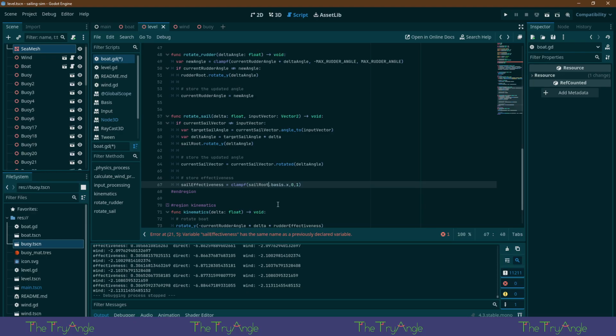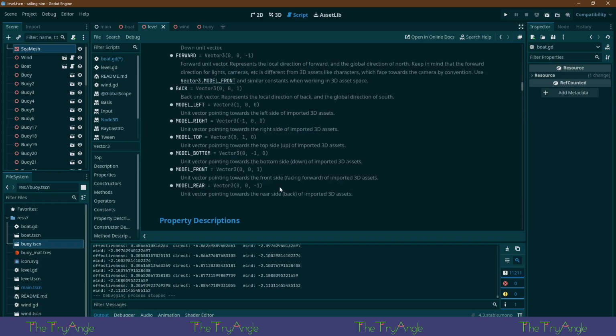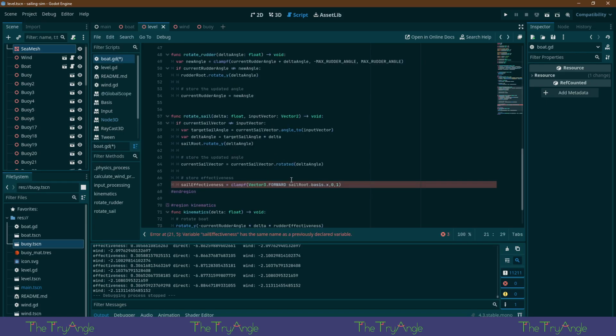Maybe I should just get global. No. It'll be Vector3 forward. Yeah, negative Z. Okay.